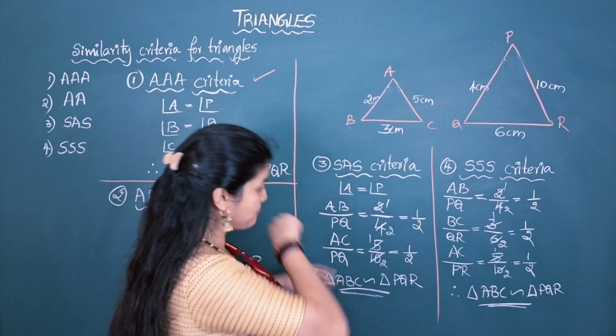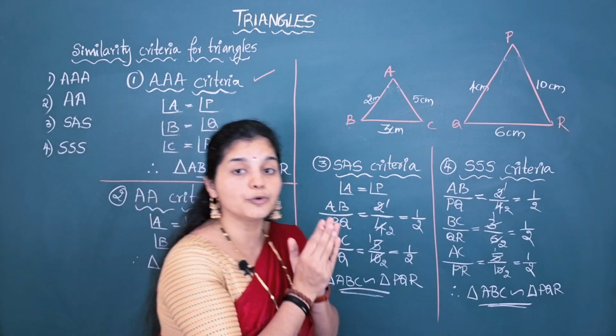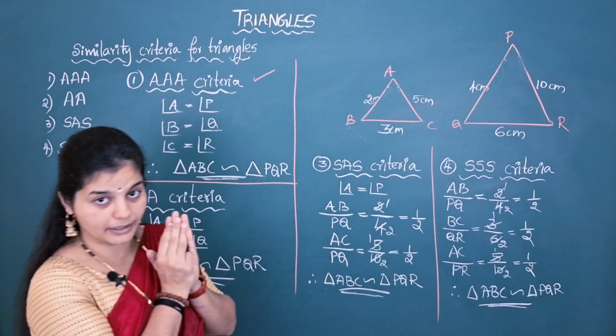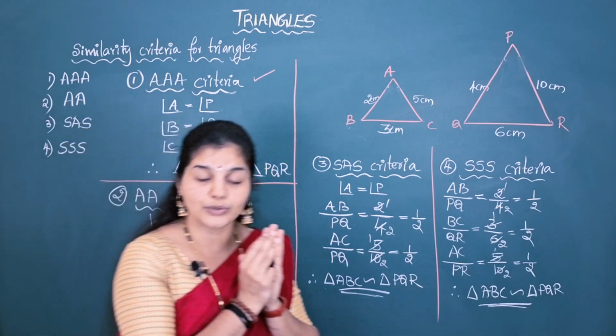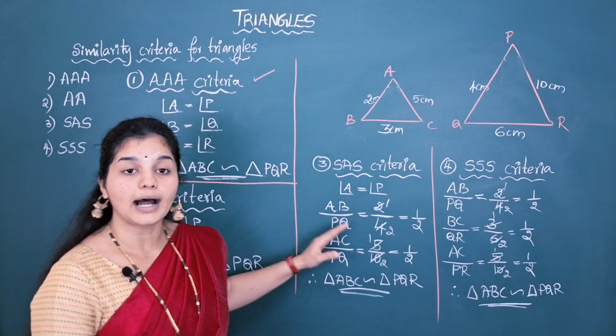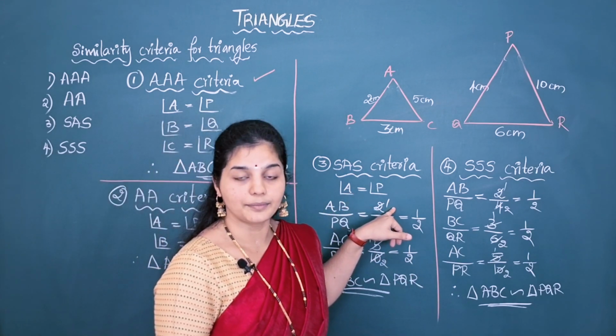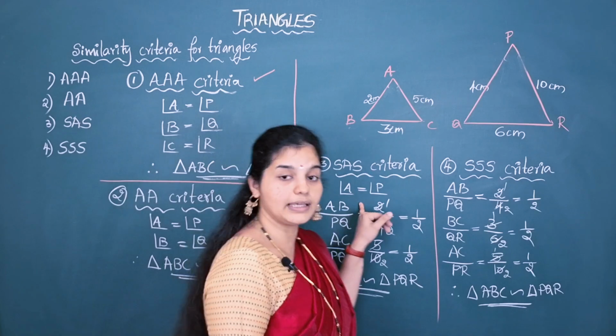And the third criteria we have discussed is SAS criteria. Here two corresponding sides and the angle between them should be equal. The ratios of the two corresponding sides of the triangle are the same and the corresponding angle between those sides are equal.